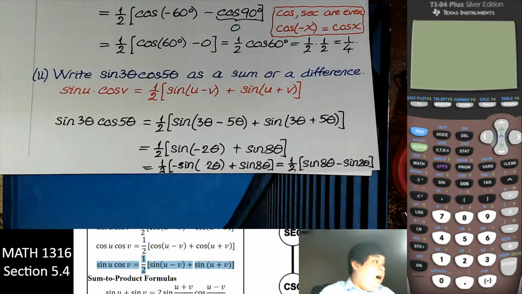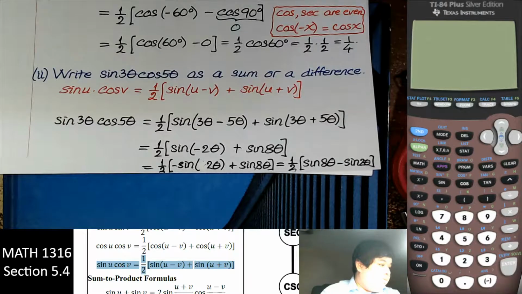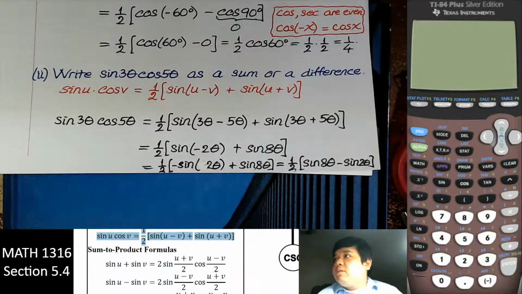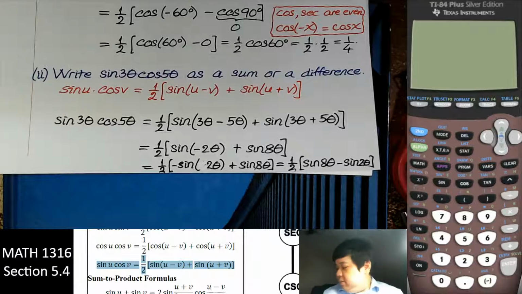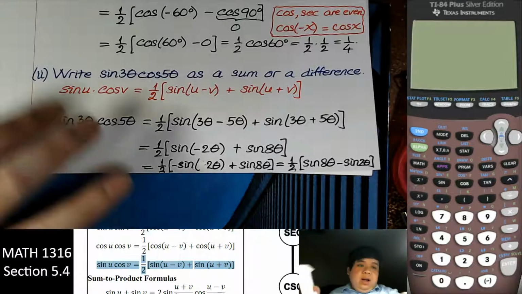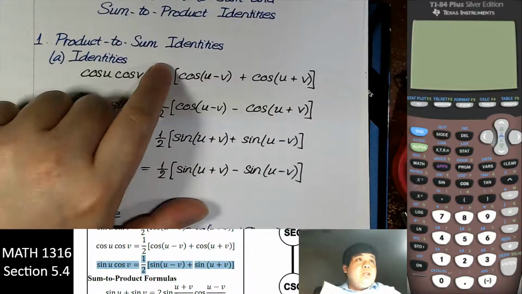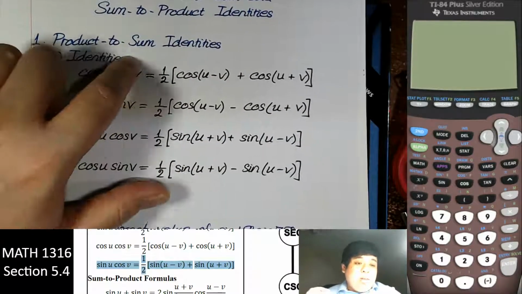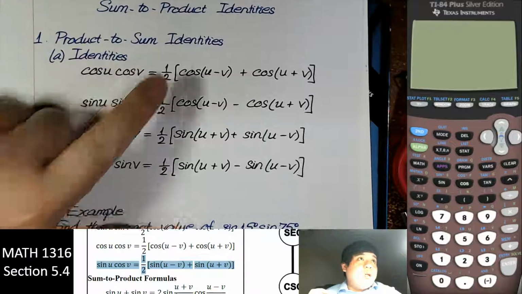Like I said, this kind of question on the test should be very easy. Make sure we just use the formula properly. Right, so that was the product to sum identities, going from a product to a sum.